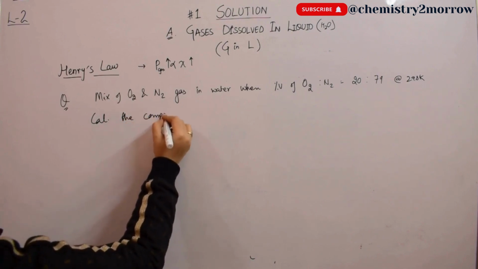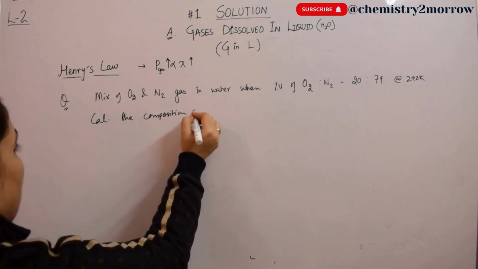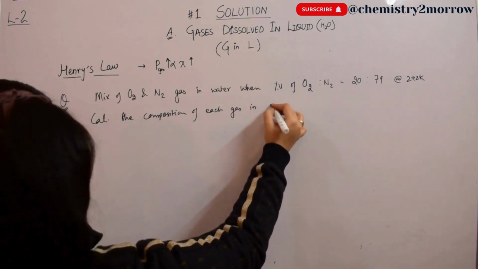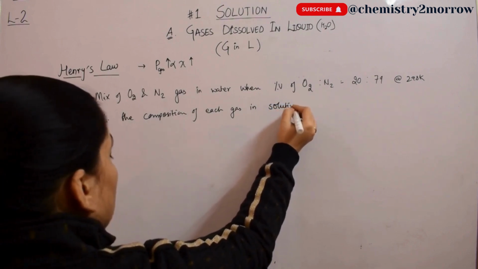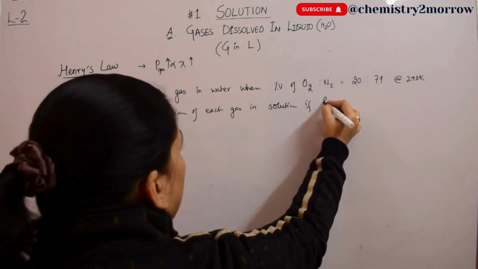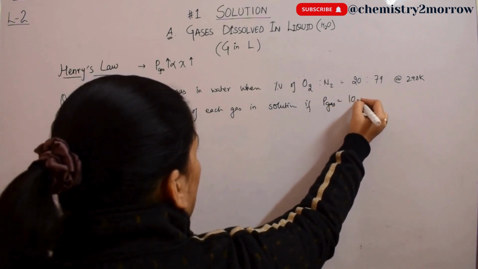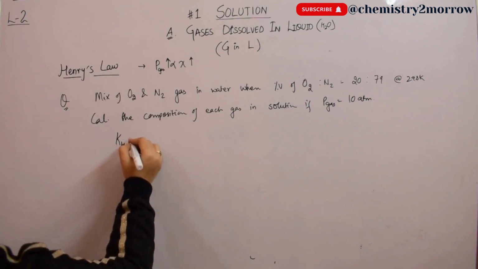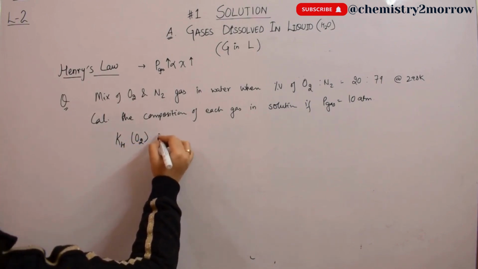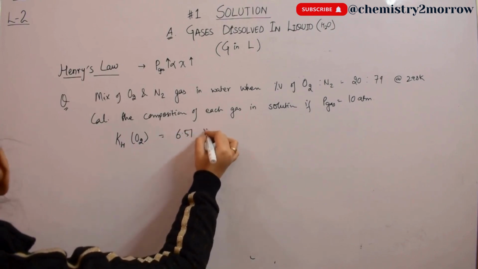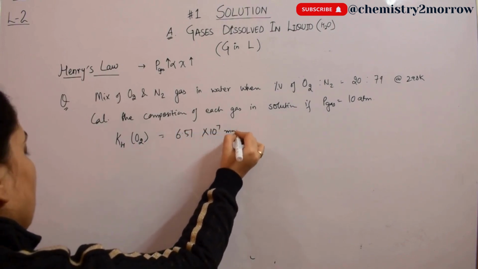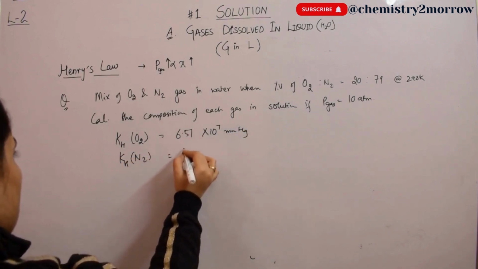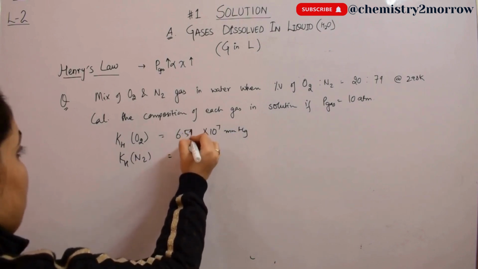the composition or the amount of the gases dissolved, and you are given KH for oxygen gas, and for nitrogen gas KH is given, Henry's constant, to be 651.